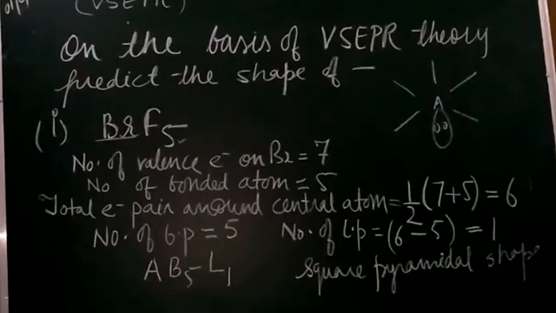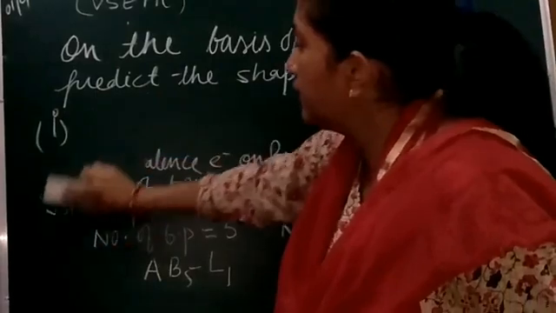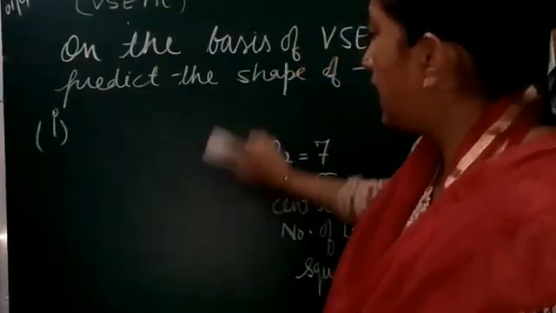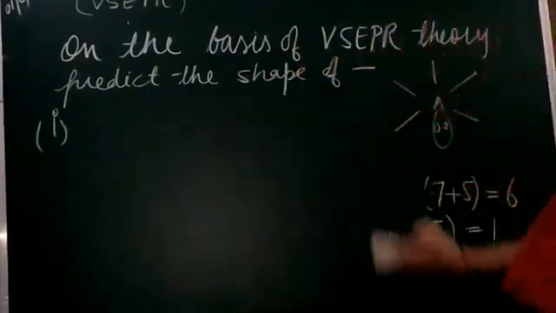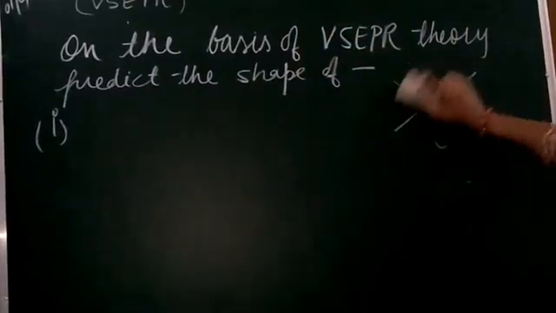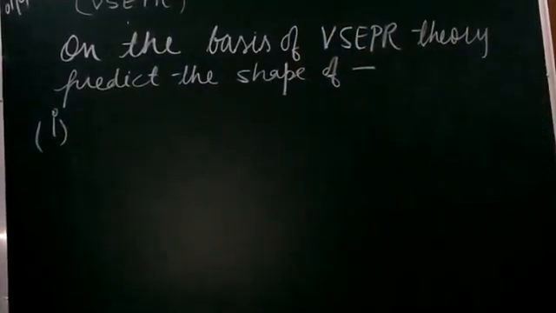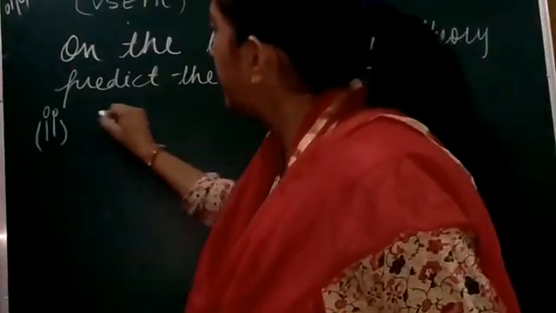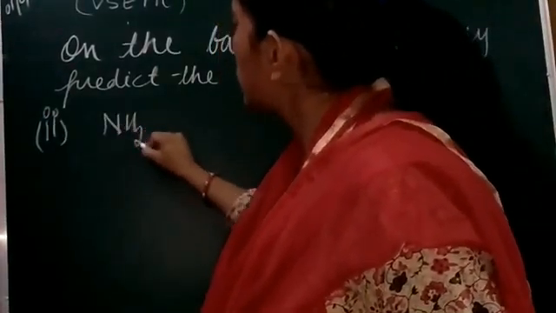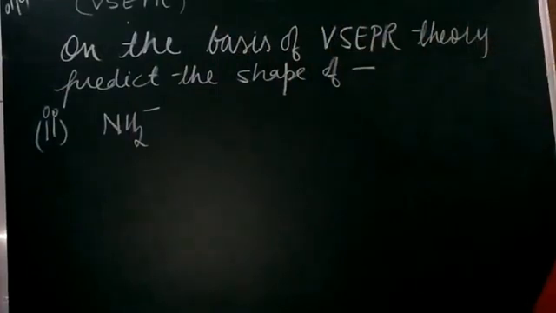Now we will discuss one more question of this type, if we have the molecule NH2 negative. So the second is if we have NH2 negative in this way, right?